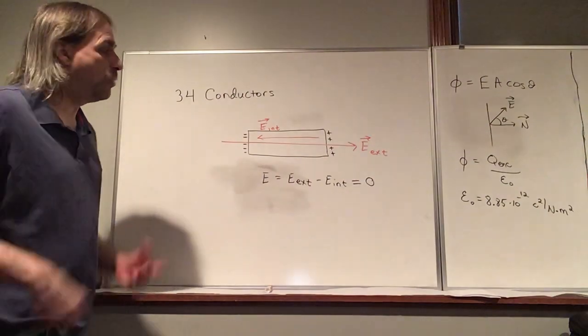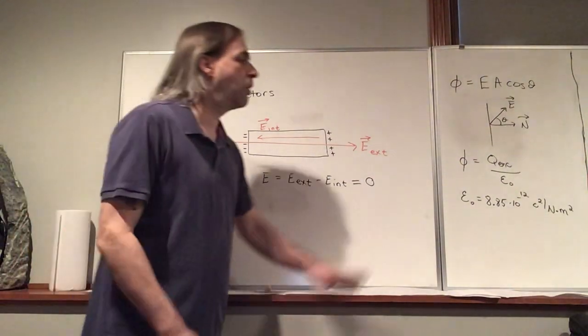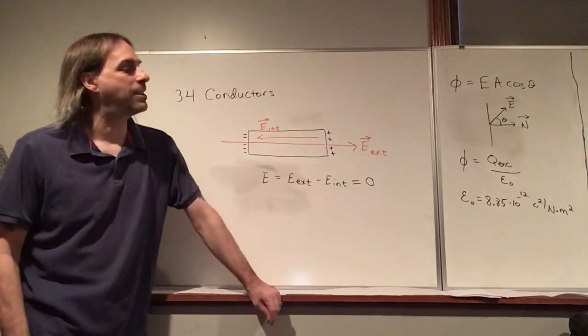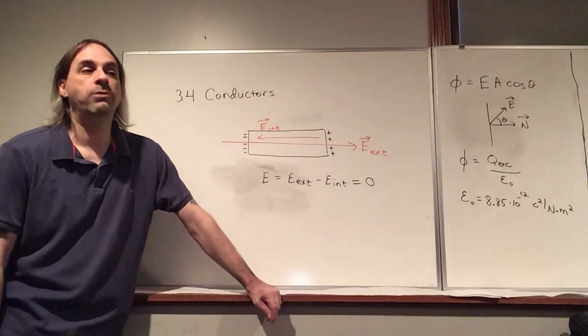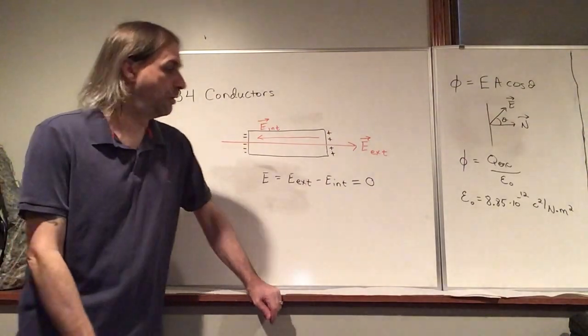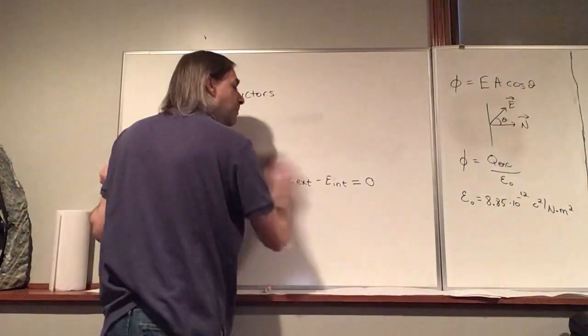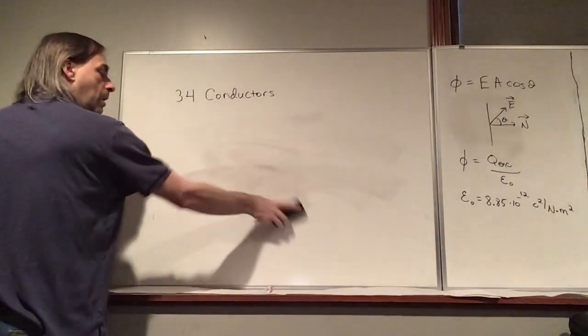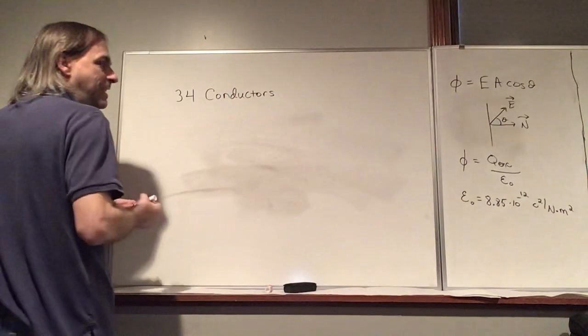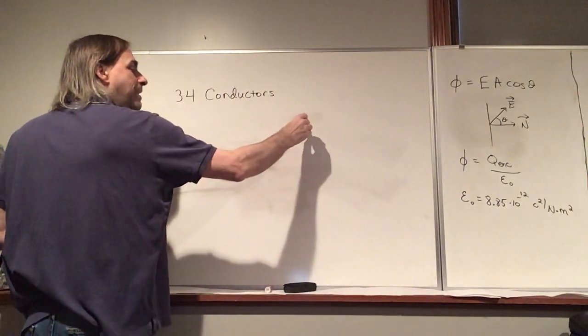So let's look at how we can apply Gauss's law to a conductor. Earlier we found that Gauss's law in some rare cases can be used to actually calculate electric fields. That's very unusual. There's only a few cases where the geometry works out just right. So what we're going to do is, let's say we have a conductor, and say it's neutral.